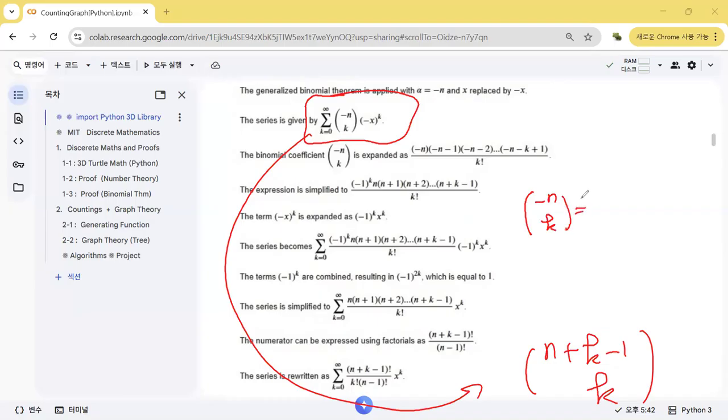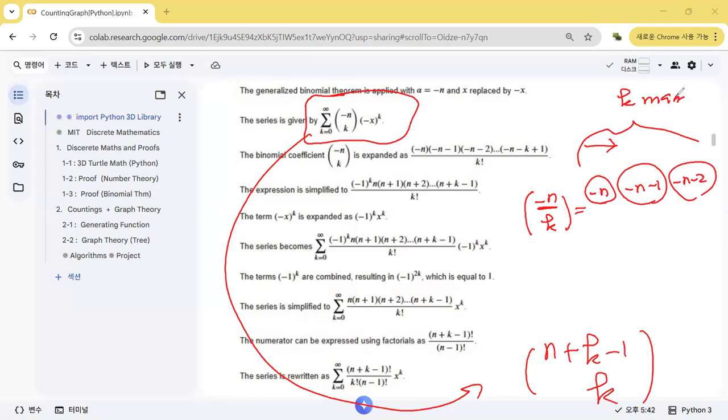The starting one is minus n. The next one is minus n minus 1. The next one is minus n minus 2. So this is decreasing order. And there are k many numbers in the numerator. The denominator is k factorial.